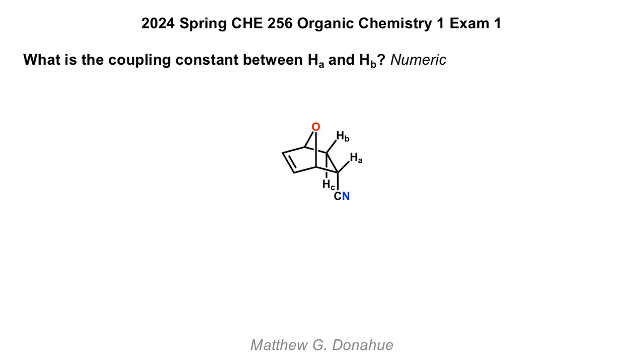And what is the coupling constant between HA and HB? So this is from the Karplus equation. And when you go on the Karplus curve, at 0 of a dihedral angle, it's approximately 13 hertz.